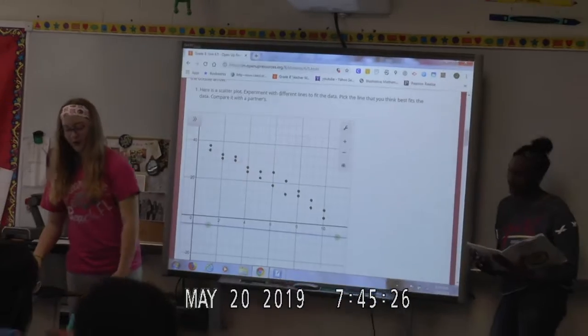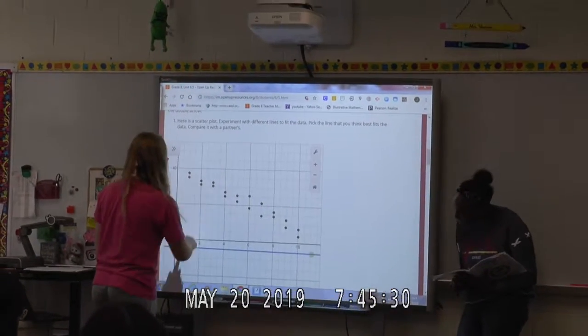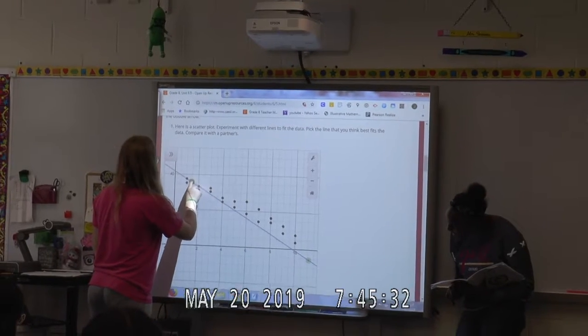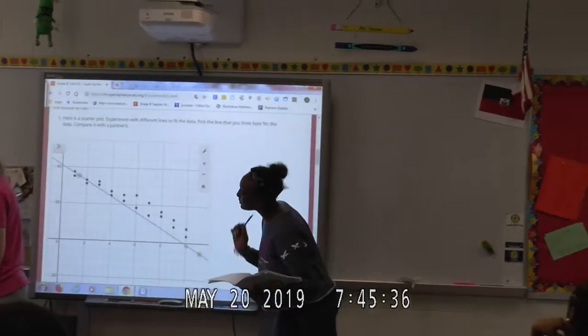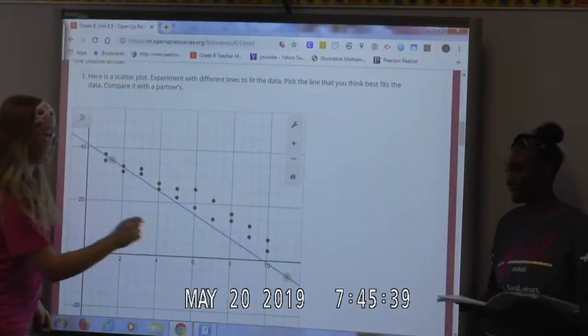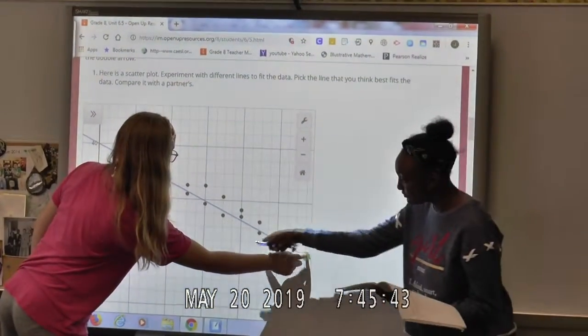So for our first line, we put it right there. We kind of put it right in the middle of most of the dots.